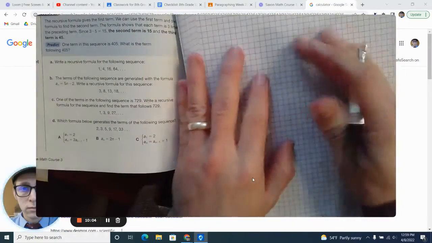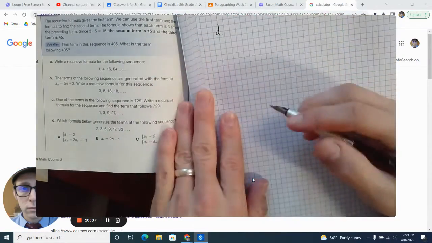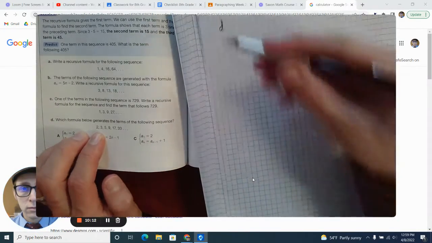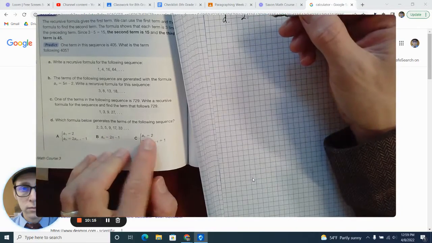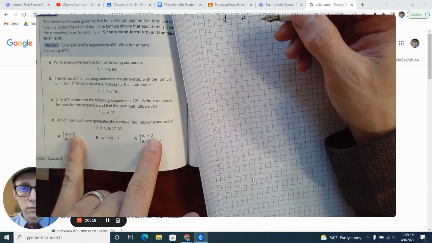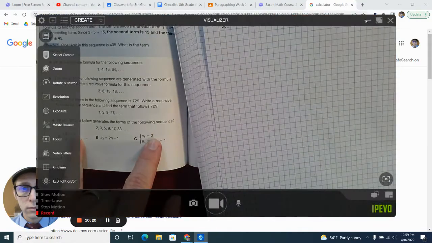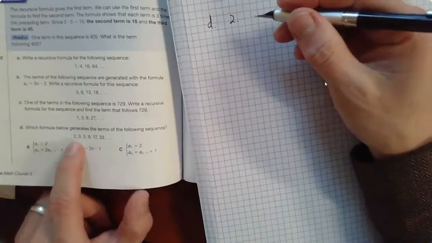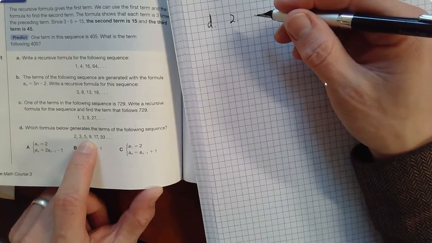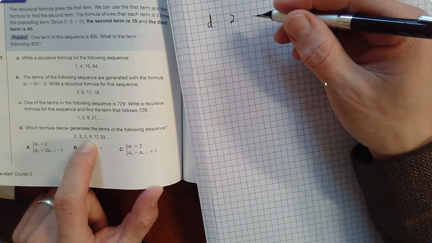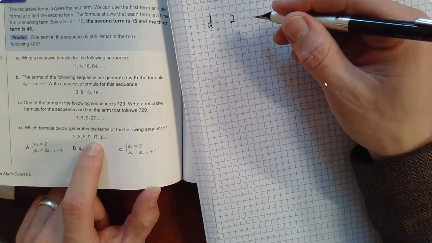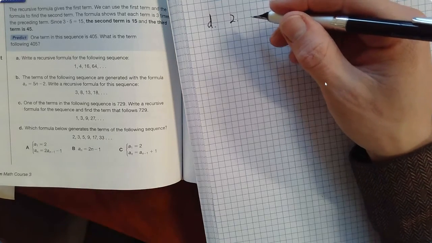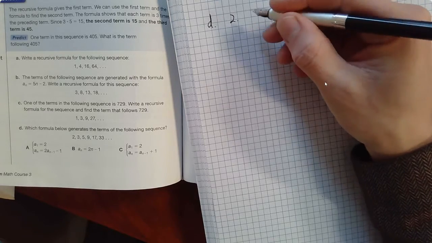D, which formula below generates the terms in the following sequence? So first, let's figure out what's happening. My first sequence number is 2, so both of those could be right if we're doing recursive. Then it goes up by 1, it goes up by 2, it goes up by 4, goes up by 6.